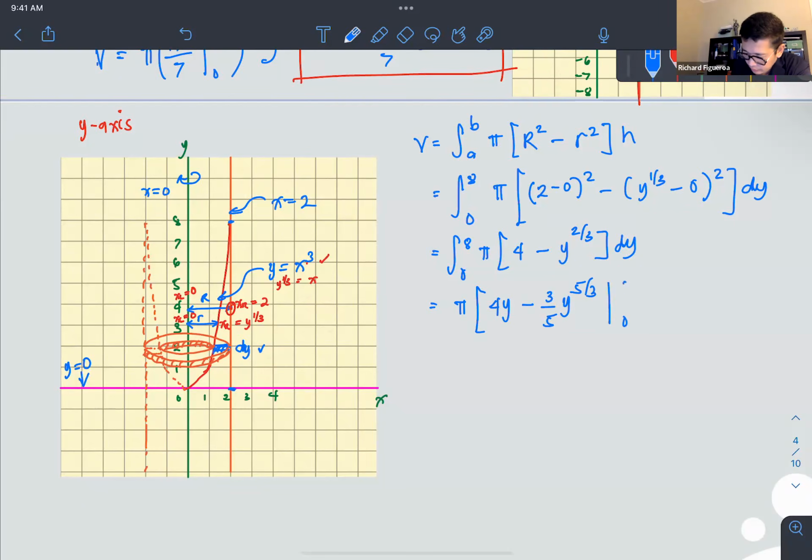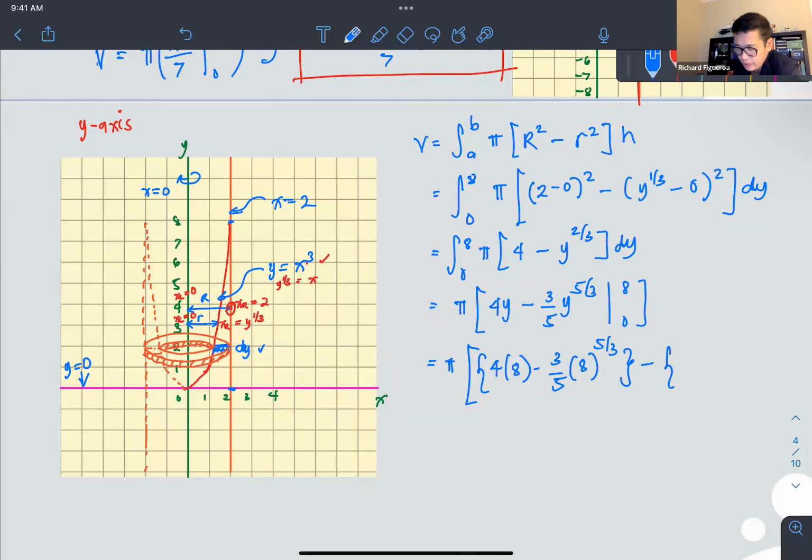And then evaluated from 0 to 8. So pi then, for the upper limit, 4 times 8 minus 3/5 times 8 raised to 5/3. And minus the lower limit, 4 times 0, that is 0, and 0 raised to 5/3 times 3/5, that's still 0.